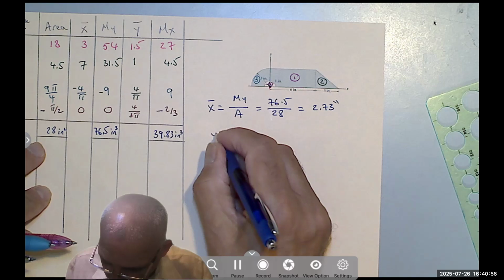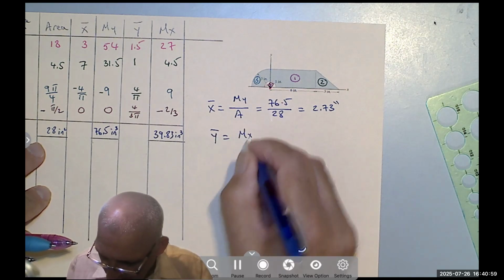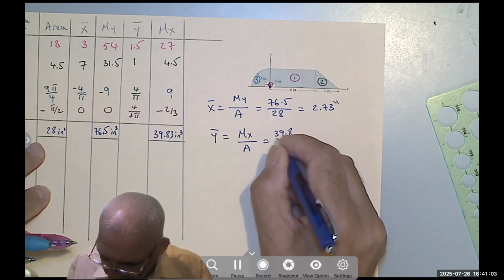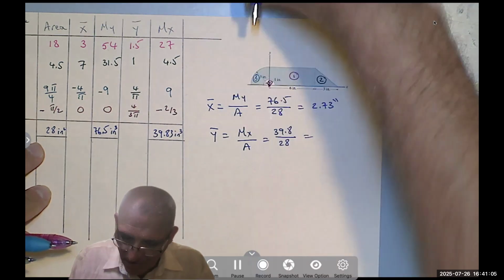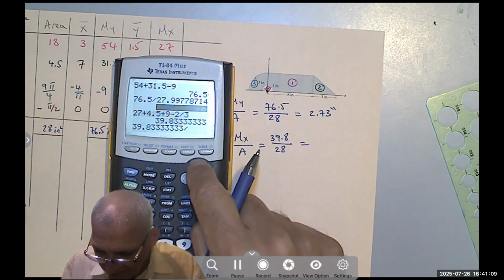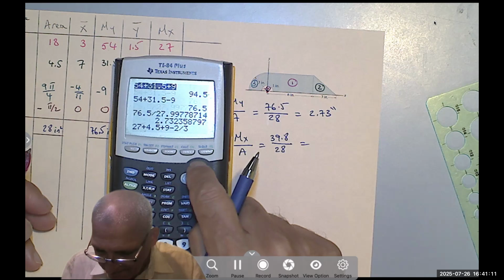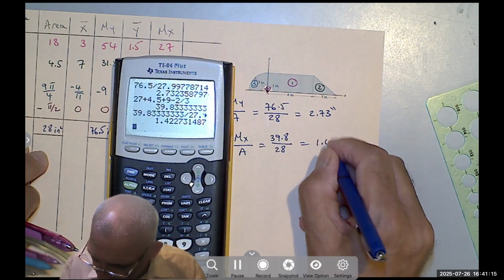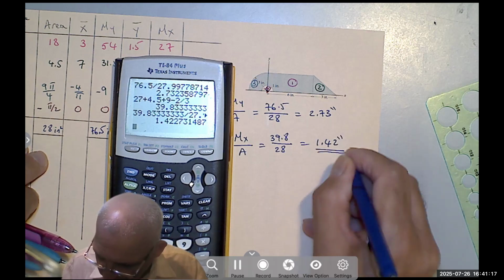And y bar would be Mx over the area, equals 39.8 over 28, and then you take this divided by that, it gives you 1.42 inches.